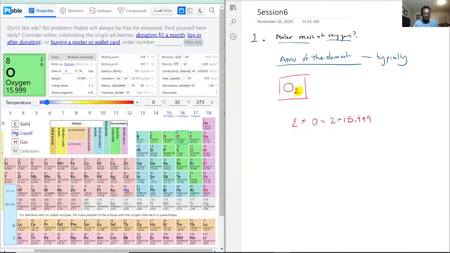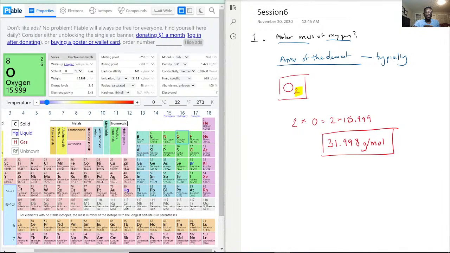Okay. 15.999 times 2, we get 31.998 grams per mole. So this right here should actually be the molar mass of oxygen for the first question.